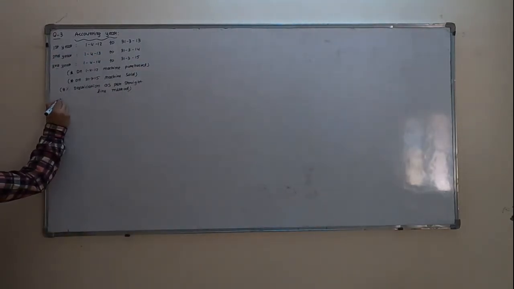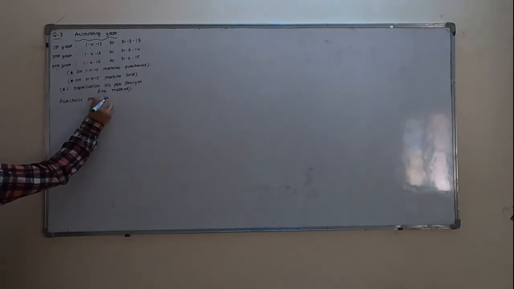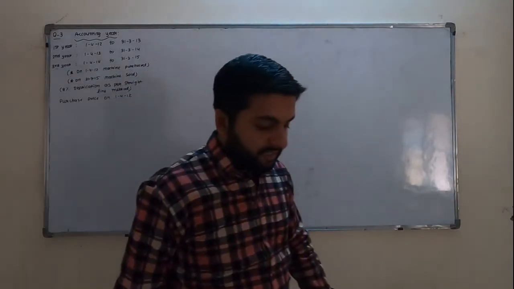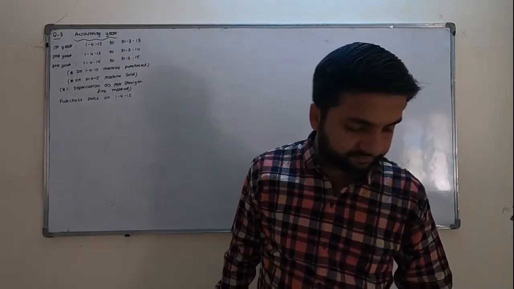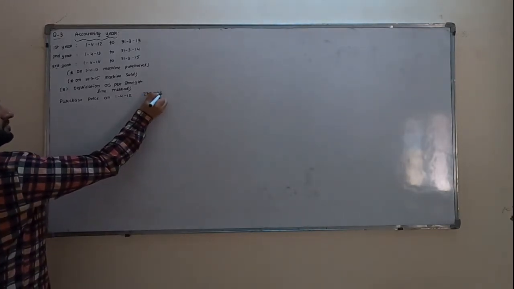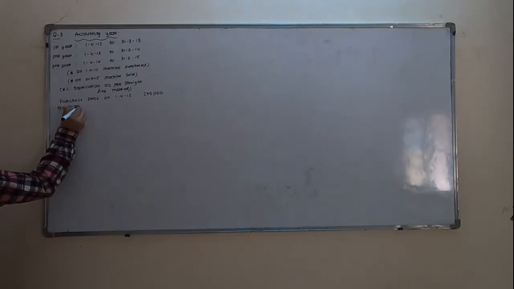So how to start the calculation? First we are purchasing the machine. Purchase price on 1/4/12 is 2,75,000 plus expenses.